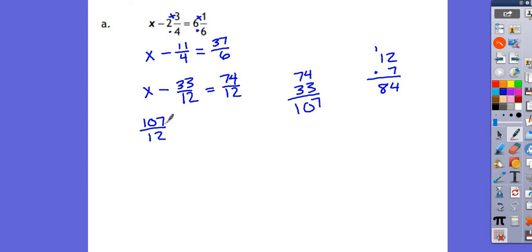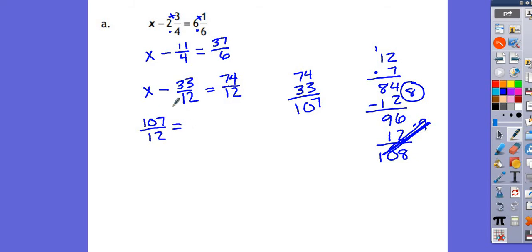I need 107. So if I add another 12, that's going to be 12 times 8. That gives me a 96. Can I go another 12 and not go over? That gives me 108, that's times an 8, that's times a 9. So I'm over here, I can't do that, so my magic number is an 8.